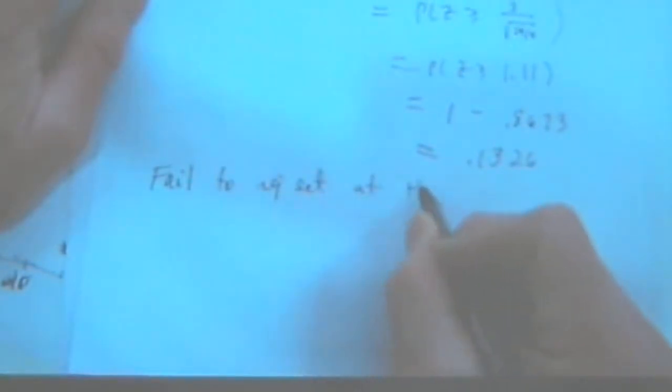It should be 1 minus 0.8673. The p-value is fairly high. You're a good government person, so you're not going to reject that. So we can always conclude like this, and that's what we do in this class: we failed to reject. 5%.